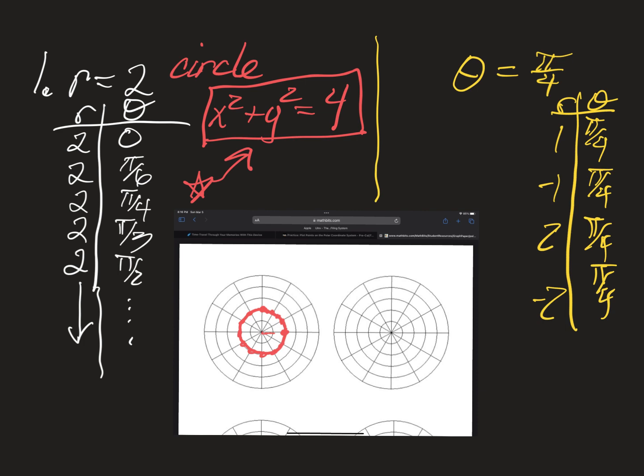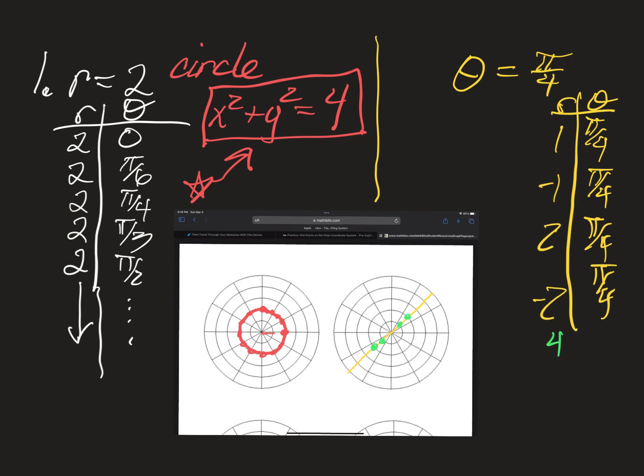Okay? So, pi over 4, if you'll remember, is halfway between pi over 3 and pi over 6. All right? And so we can graph any radius on that. 1, 2, that's the radius of 1, the radius of 2. There's the radius of -1 and -2.